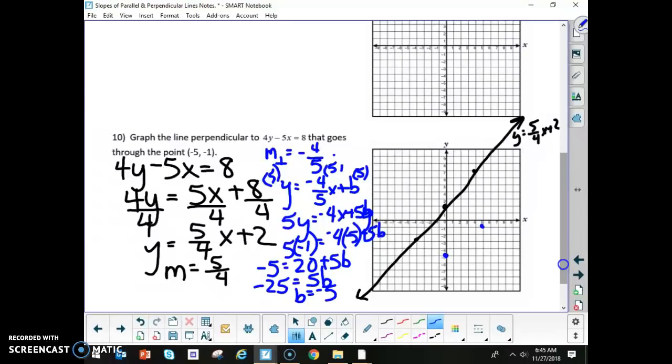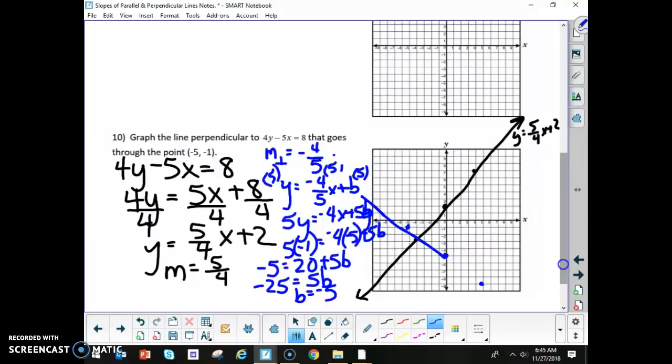Oh, that's a negative slope. Whoops! No wonder it didn't look right. So I'm going to go up 5 and over 4. That looks better. I go down 5 and back 4.